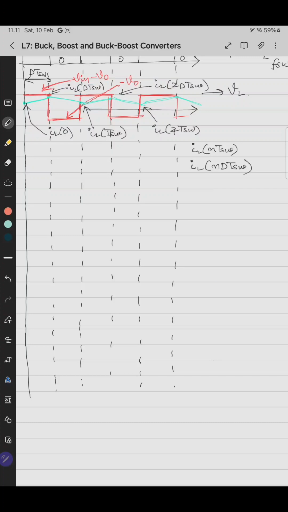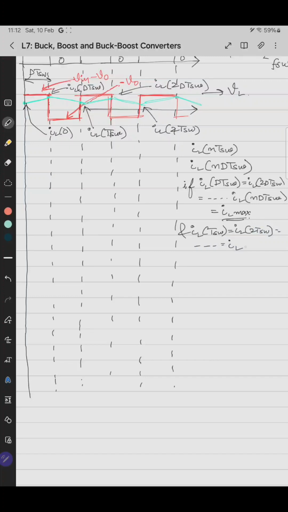Okay, so if we make sure that IL of D into T switching equals IL of 2D into T switching equals IL of N into D T switching equals some IL max, which is a known value, and IL of T switching equals IL of 2 into T switching, and so on till IL of M into T switching equals some IL minimum.